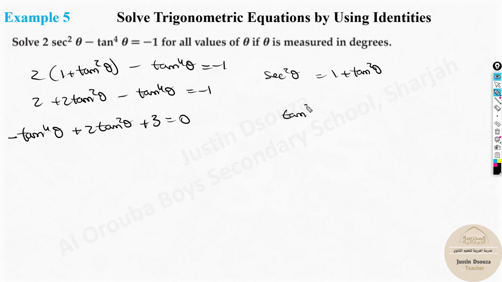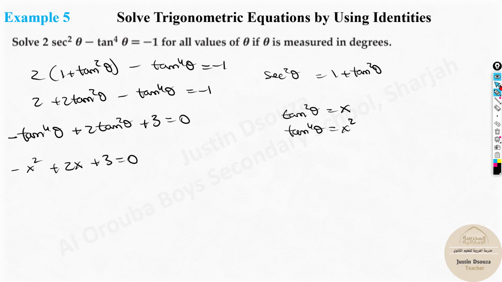If you assume tan square theta equals x, then tan to the power 4 theta is equal to x squared, because squaring this whole thing gives power 4. So minus x squared plus 2x plus 3 is equal to 0.